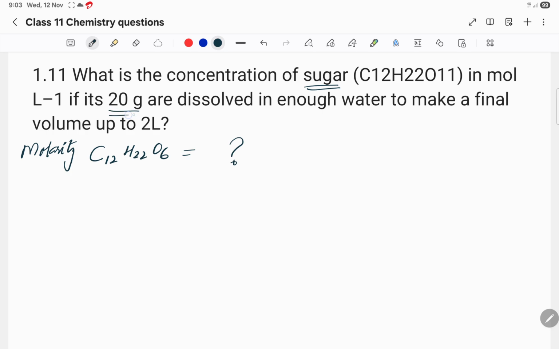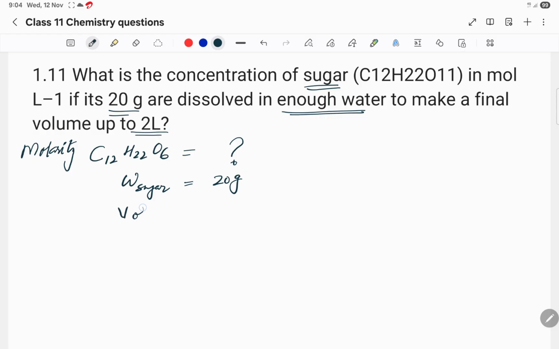If it's 20 gram, okay, the weight of sugar has been given. Okay, that is W of sugar has been given. Sugar is a solute. Okay, so 20 gram of sugar have been given. It is dissolved in enough water to make a final volume up to 2 liter.